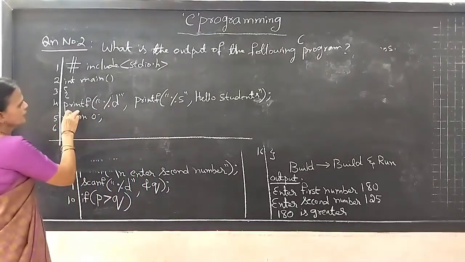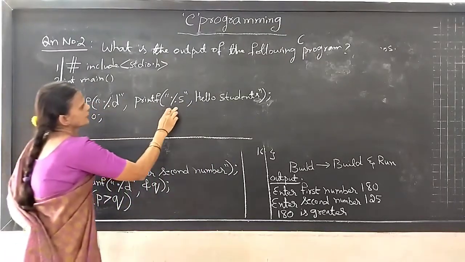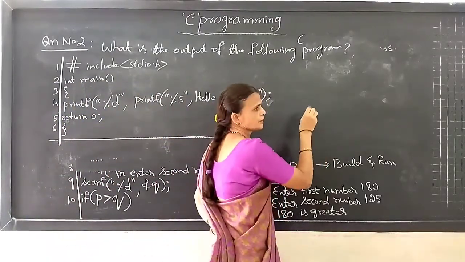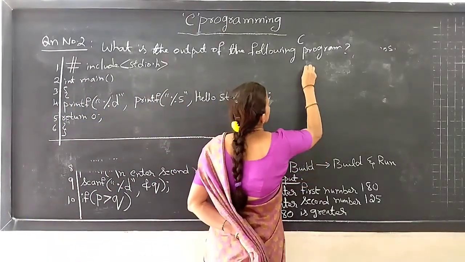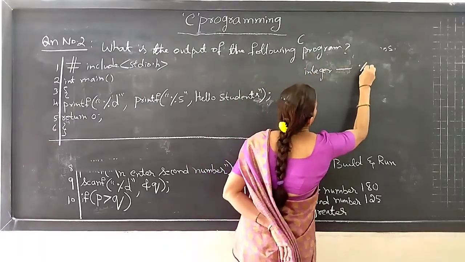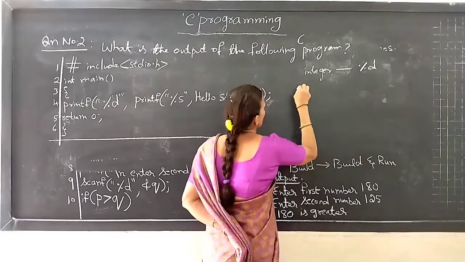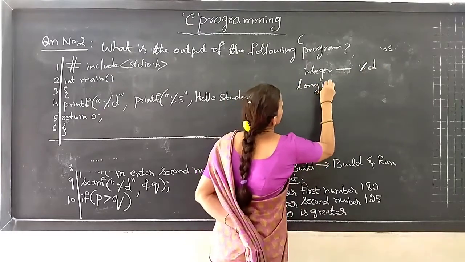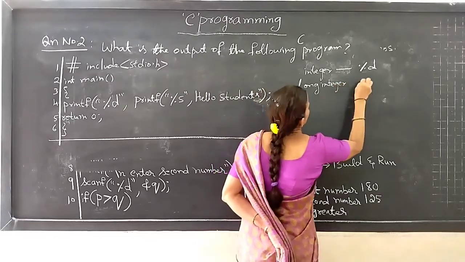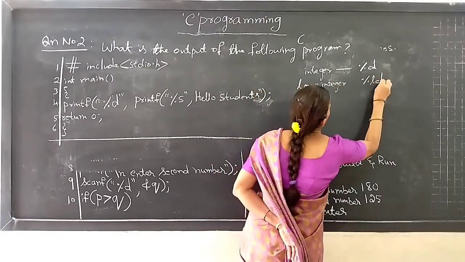So we have written printf %d and printf %s. You know that the format specifier for integer is %d, and for long integer, where the number is long, meaning lengthy, we have to use %ld.